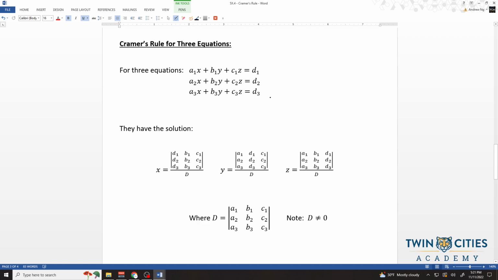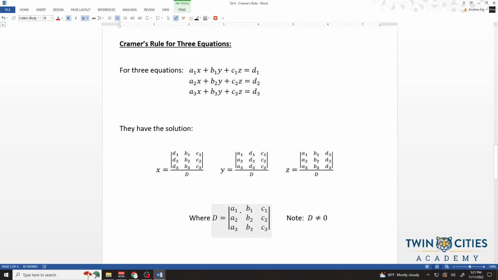And it's actually going to follow the same pattern as well. So I'll find x, y, and z, but before that, I notice that the denominators here all have this D. D in this case for a 3 by 3 is going to be equal to the coefficients of x, y, and z. So a's are your coefficient on x, b's are your coefficient on y, c's are your coefficient on z.